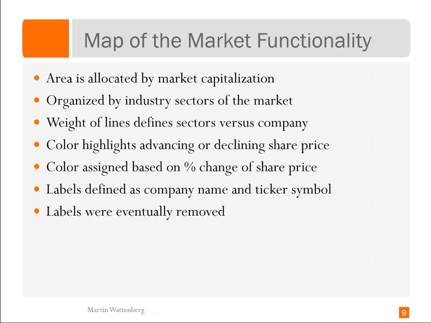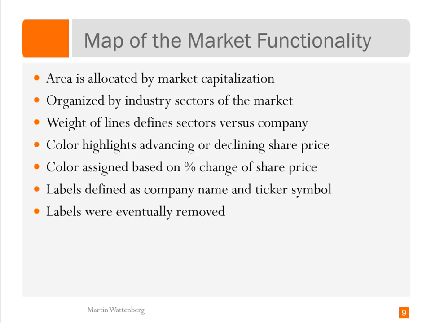Color highlights are advancing with green or declining with red share price. And then color is assigned based on the percentage change of the share price. So we have different shades of red and green, depending on how much the price has gone up or down in that particular day.